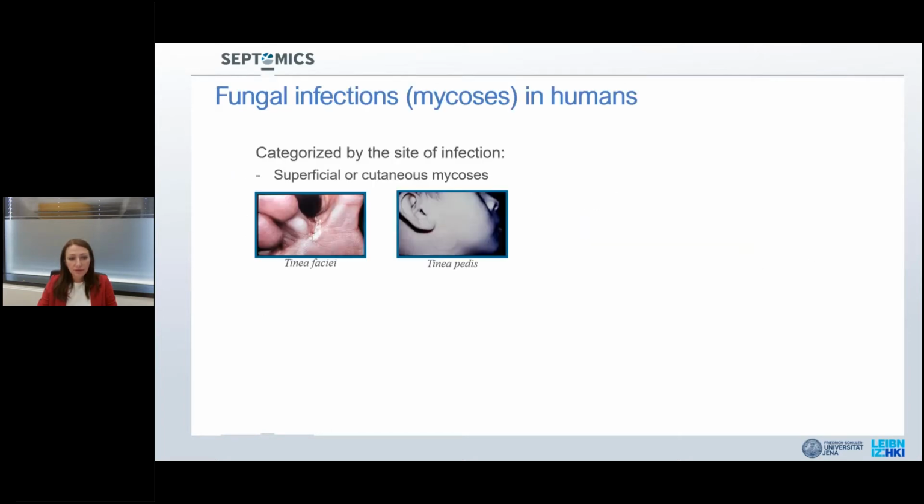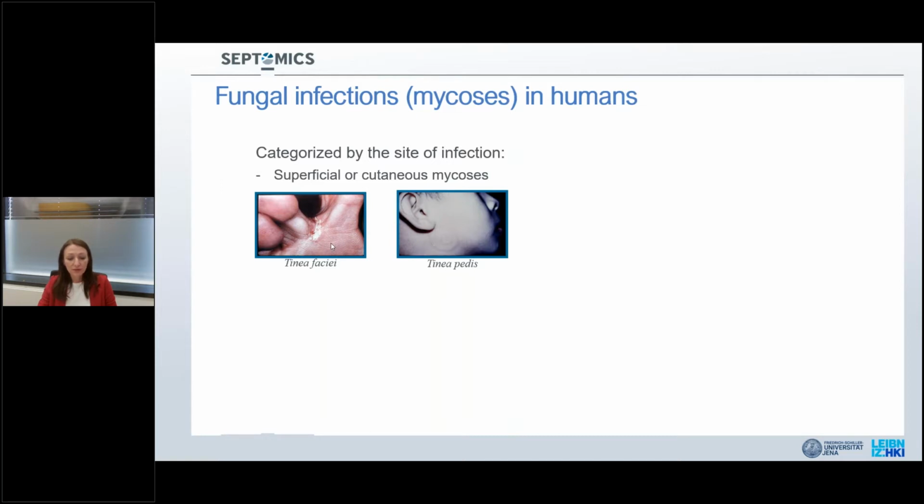Fungal infections of humans vary in aggressiveness and severity. For example, a number of dermatophytes can cause superficial infections of skin and mucosa, such as ringworm and toe fungus. And these infections are fairly easy to treat.